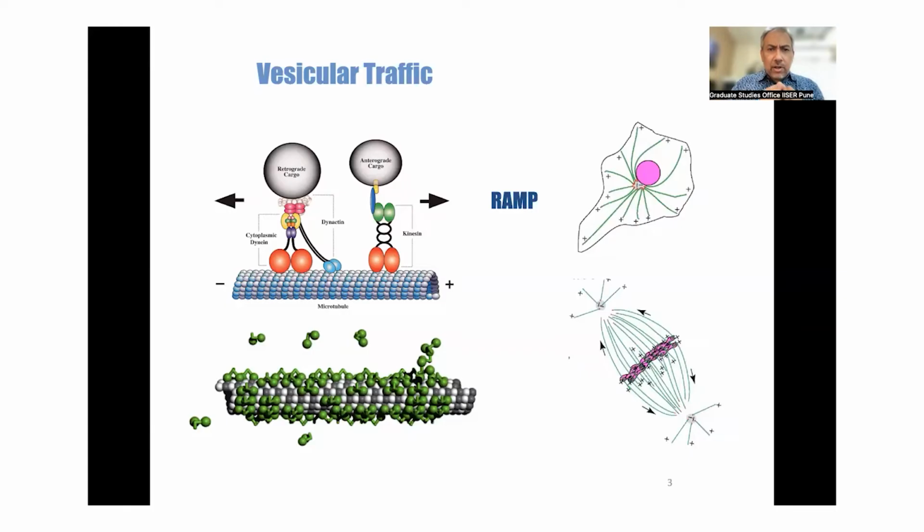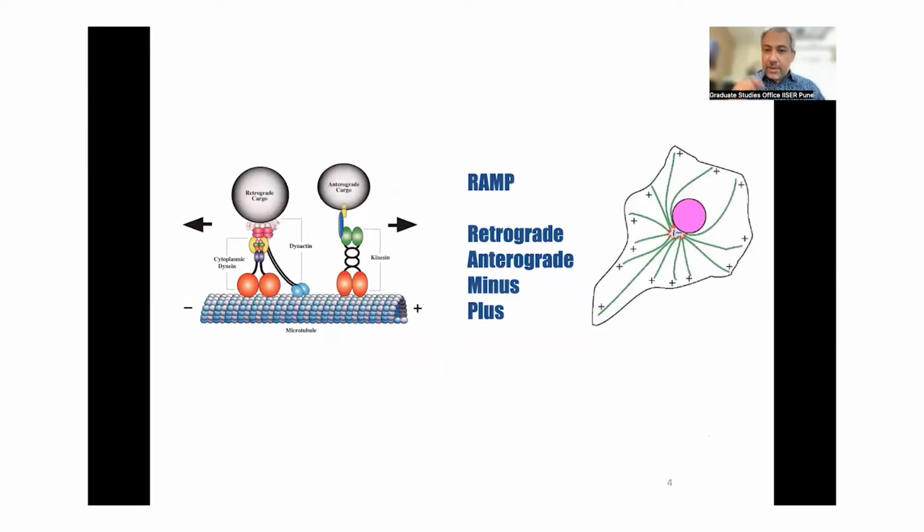This idea of movement towards the plus and minus end is also referred to as the anterograde or retrograde transport, right? And this is a very useful term to remember. And just as these microtubules act as ramps to carry things around, we have a very simple way of remembering retrograde and anterograde that I was taught when I was an undergrad, and it's something I still use.